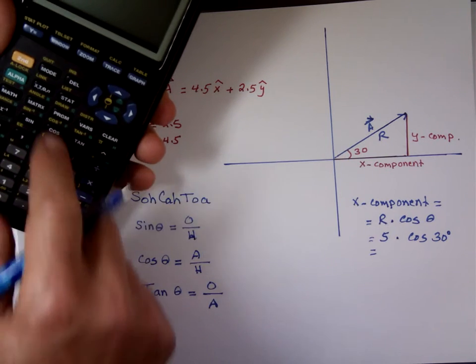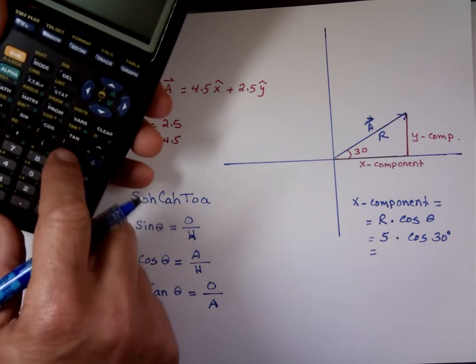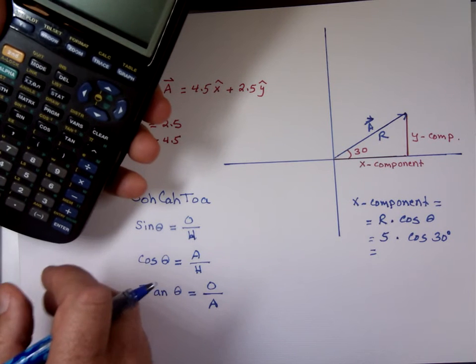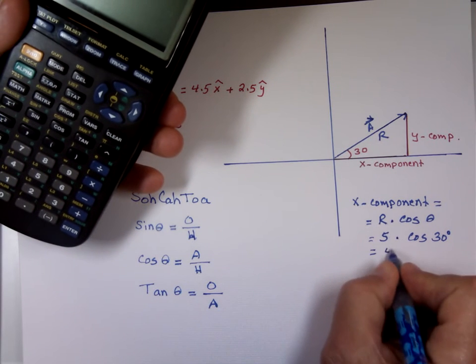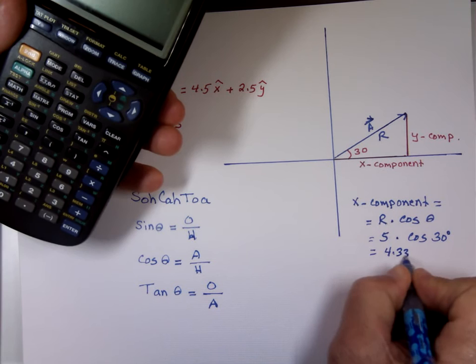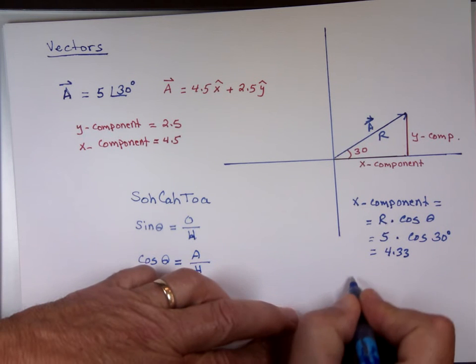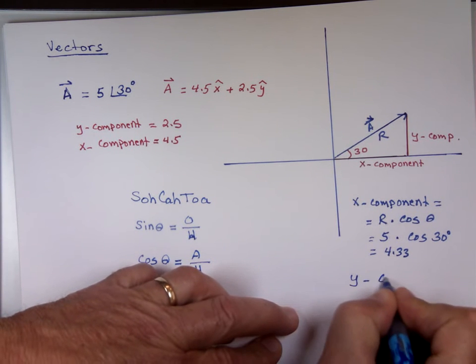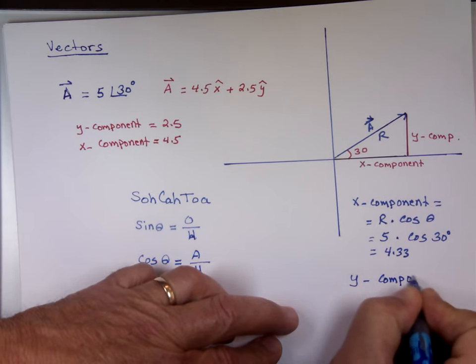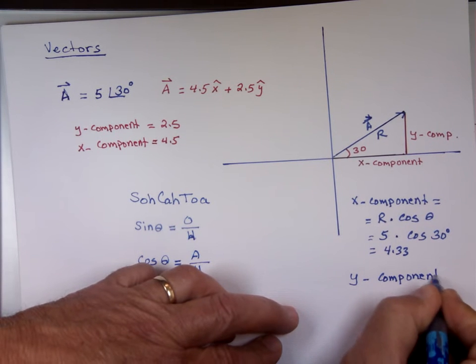5 times the cosine, make sure you're in degree mode, 4.33. Alyssa said to me, a hair below 4.5, so you were looking at 4.4. We get 4.33. The y component, that's the opposite.